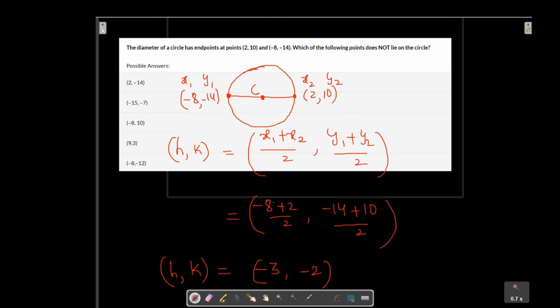This is the center. Radius means the distance from the center to any point on the circle. If you find the distance from the center to any point, either this point or this point, both will give you the same answer for the radius.